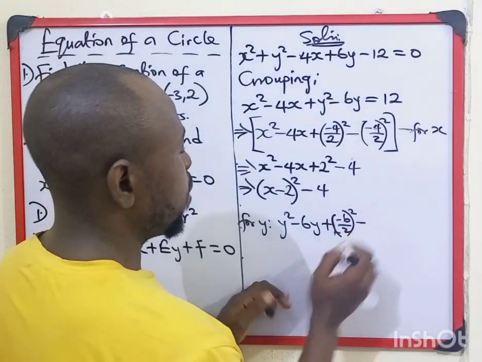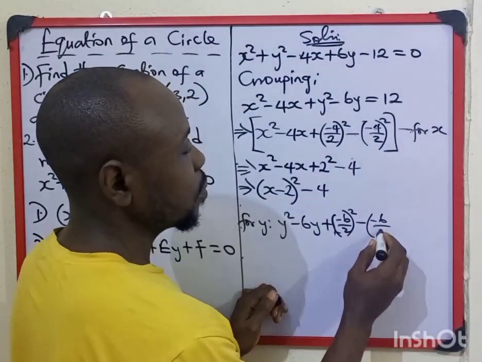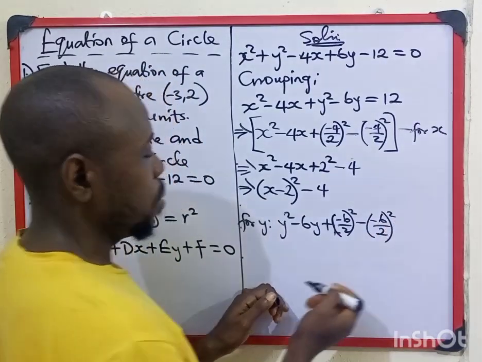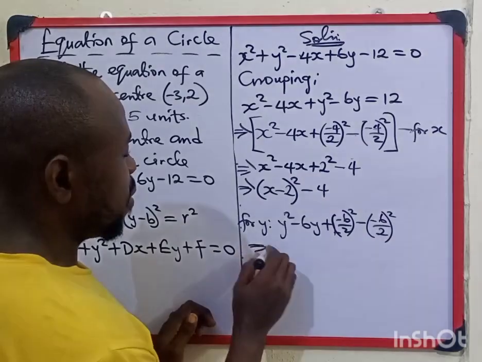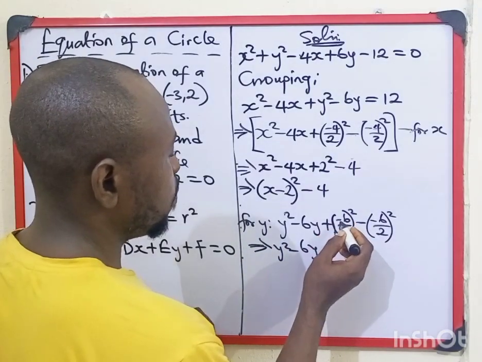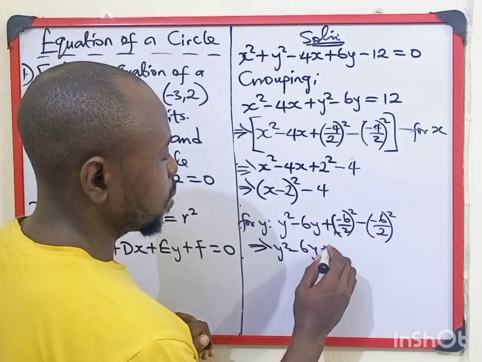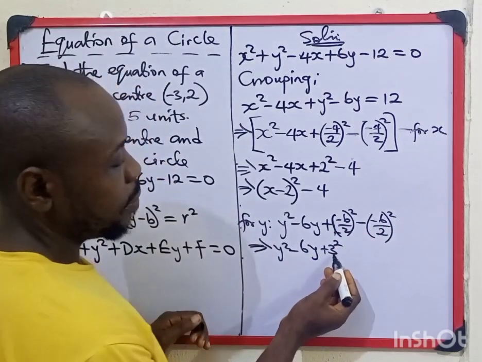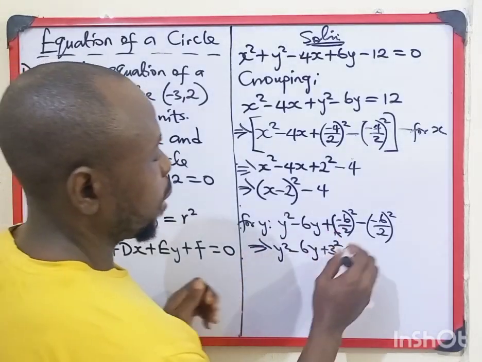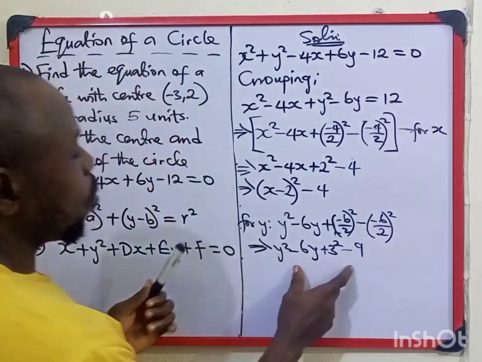Then minus the same thing, minus 6 over 2, all raised to power 2. If I open this, minus 6 over 2 is minus 3, and minus 3 squared gives plus 3 squared. I'm purposely leaving this square. Then for this one, minus 3 squared is 9. So this is for y.